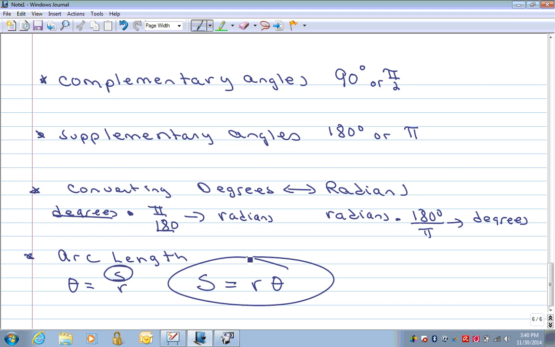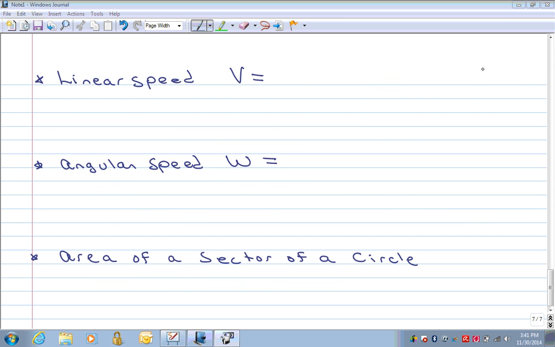All right, last we want to talk about some linear angular speed formulas and the area of a sector. Please make sure you have all these written down in your notes, and you're going to be able to refer to these. They need to be in front of you on your desk so that you can use them for our practice in class. All right, to wrap this up, linear speed, the formula for linear speed, V represents linear speed, and V is equal to the arc length divided by time.